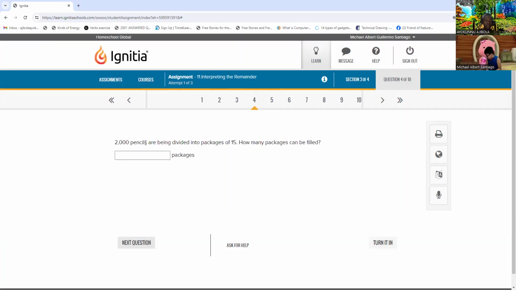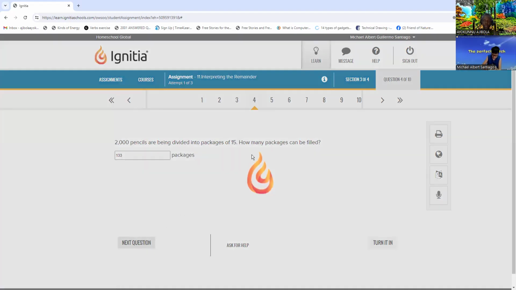Okay. 2,000 pencils are being divided into packages of 15. How many packages can be filled? That means we have to divide 2,000 by 15, okay? Okay. Then the packages that will be filled will be 133, and there's going to be some remainder.